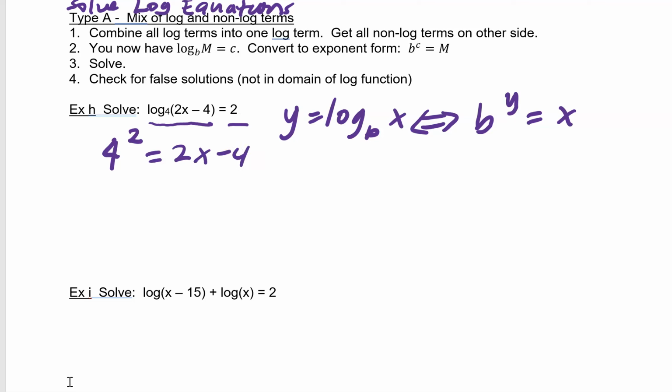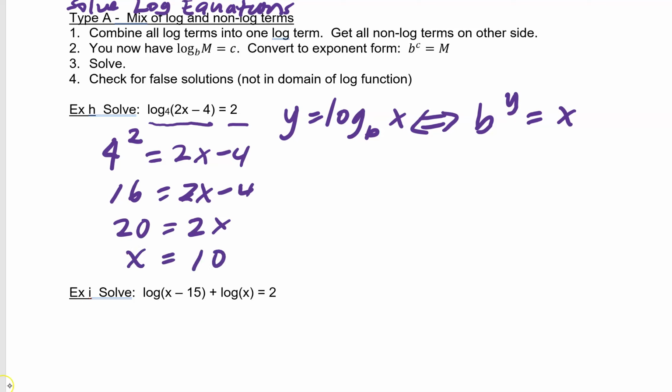And now what we're going to do is just simplify this, so we get 16 is equal to 2x minus 4. And then adding 4 to both sides, we get 20 is equal to 2x, and therefore x is equal to 10.